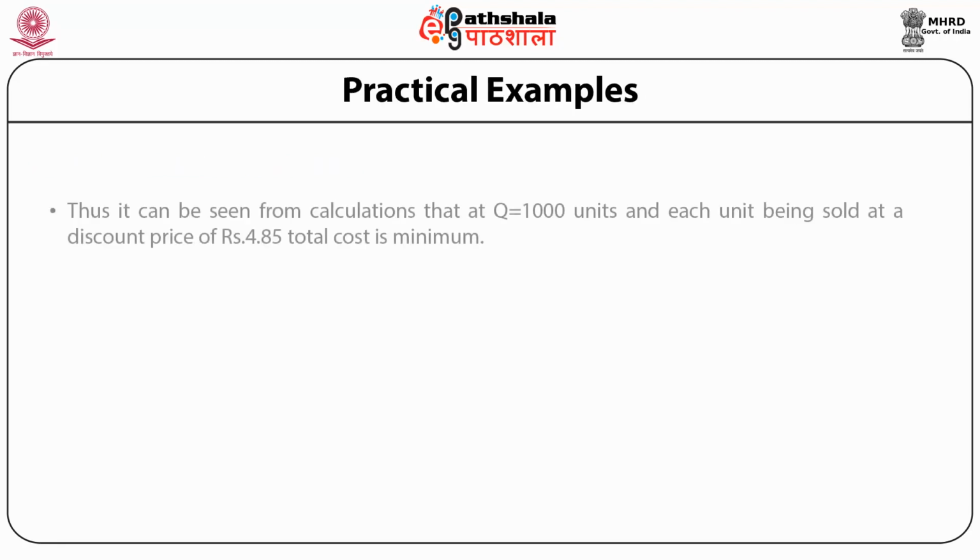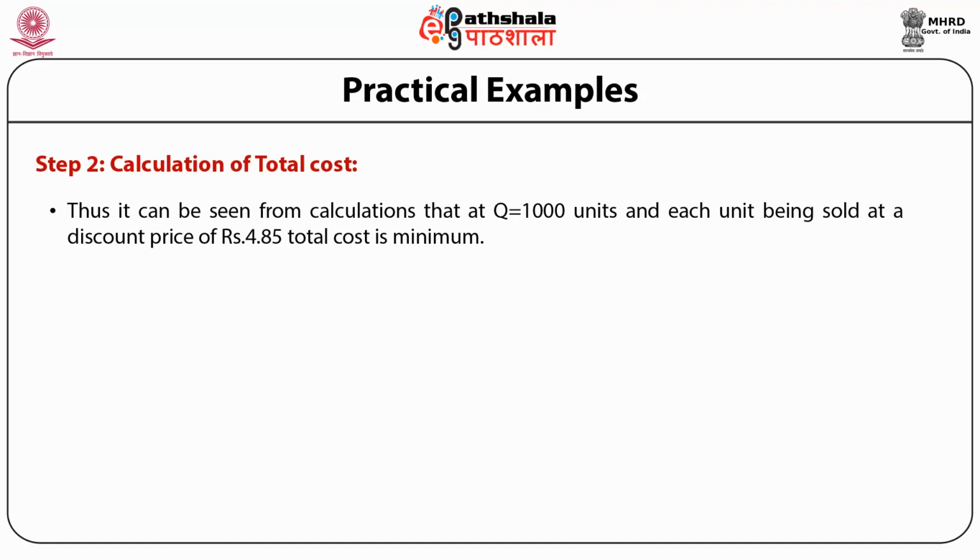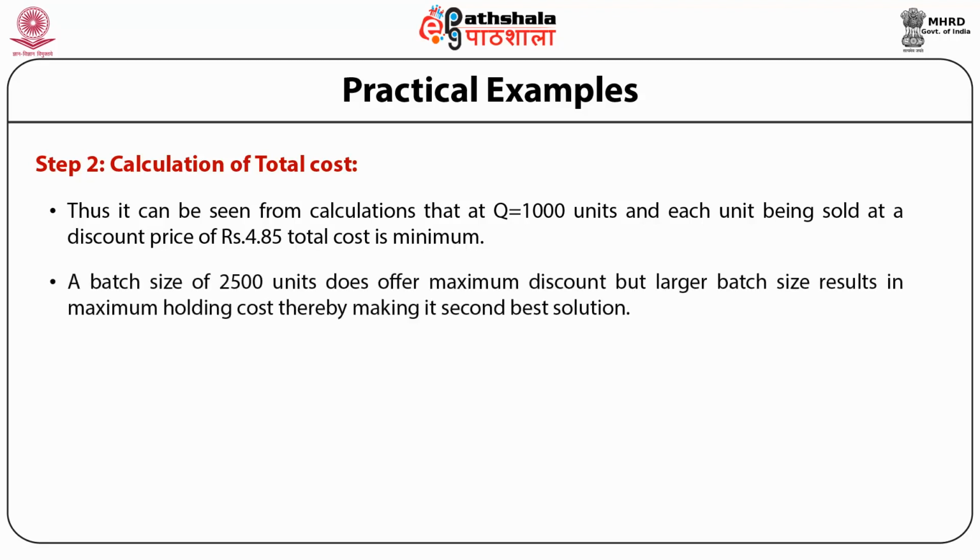25,036. Thus, it can be seen from the calculations that at Q equal to 1000 units, with each unit being sold at the discount price of 4.85, total cost is minimum. A batch size of 2500 units does offer the maximum discount, but the larger batch size results in maximum holding cost, thereby making it the second best solution.